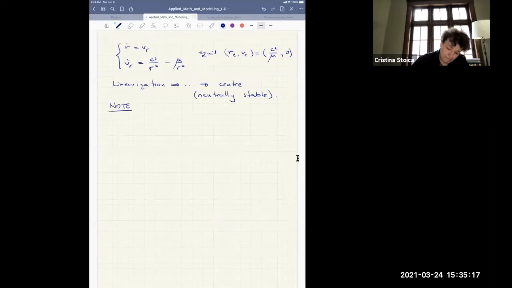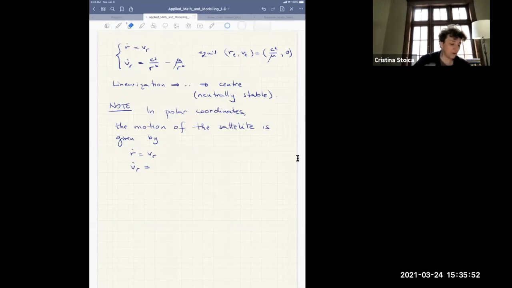So in polar coordinates, the motion of the satellite is given by: r dot is VR, VR dot is, let's just leave it how it was, going back to the initial, before substituting there.